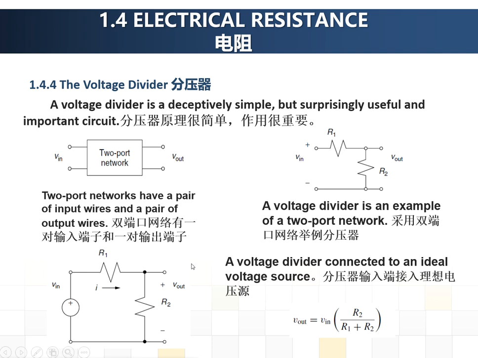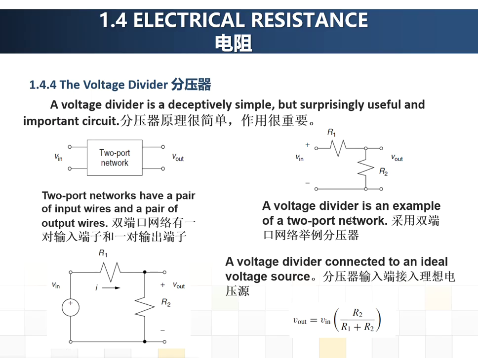A voltage divider is composed of two resistors that are connected in series. Vin is the input voltage. Vout is the output voltage. And this forms a voltage divider.